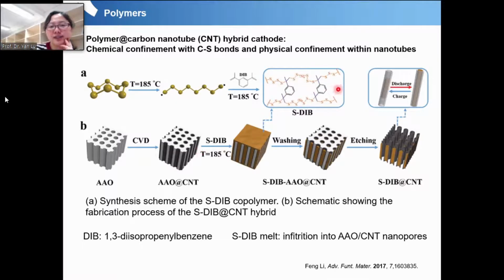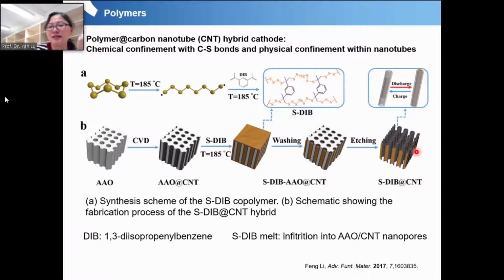In this system, they are using AAO as a template. They first use the CVD method to synthesize carbon nanotubes in the AAO template. Then they do the sulfurization of the system, to fill the AAO template with this cross-linked sulfur polymer. Then, of course, you can remove the AAO and other non-reacted material. Finally, they got a kind of carbon nanotube combined with this polymer system.